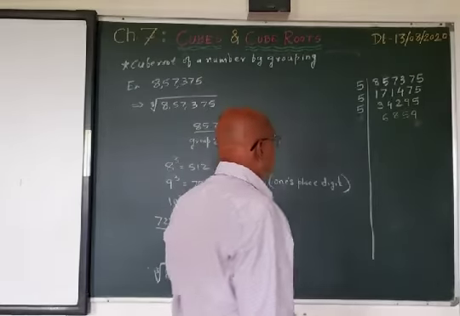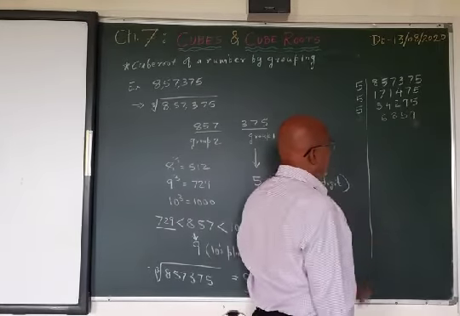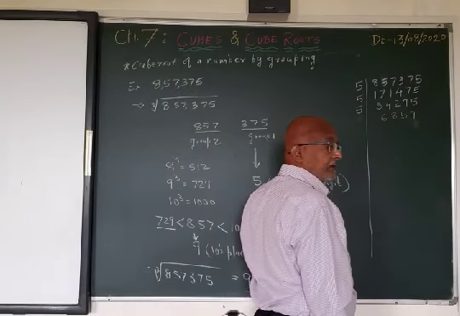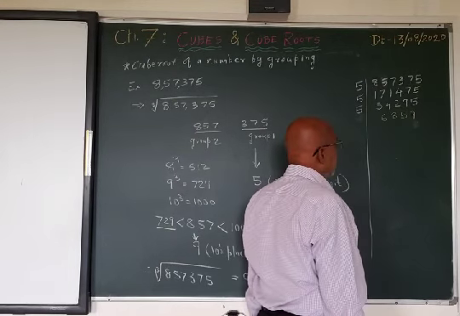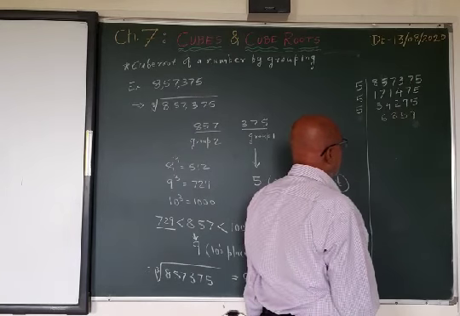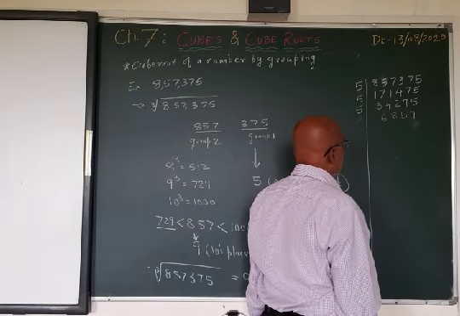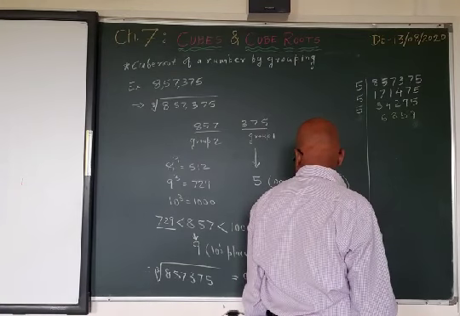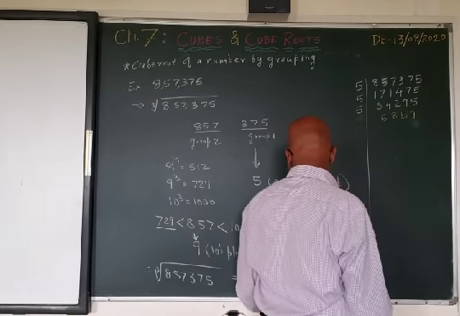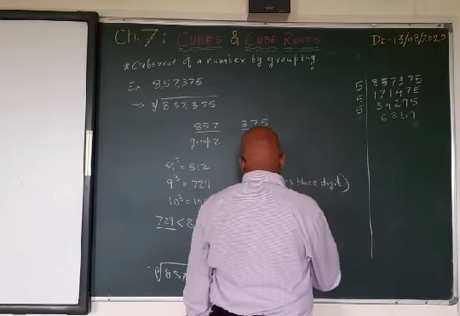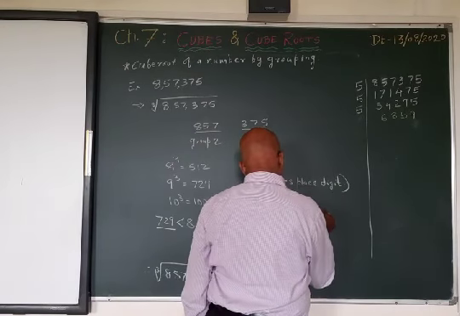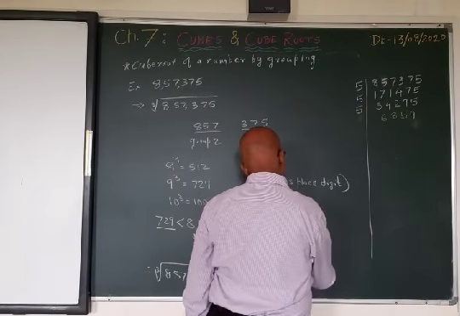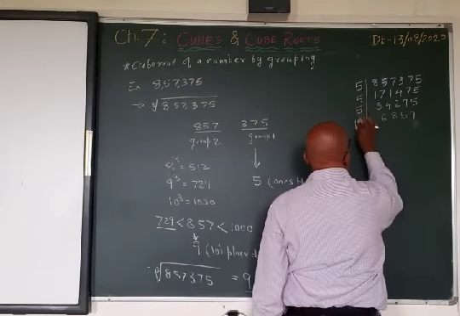So now what to do? We have to search for a number by which this can be divided. So we'll go for 7. It will come 19 directly.